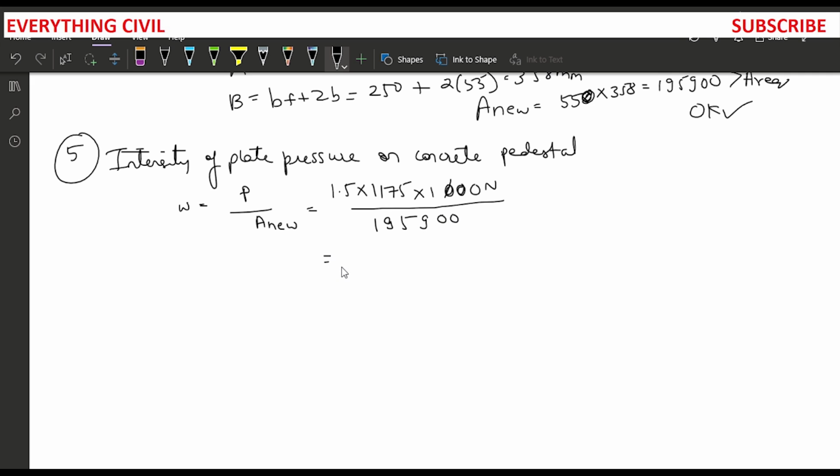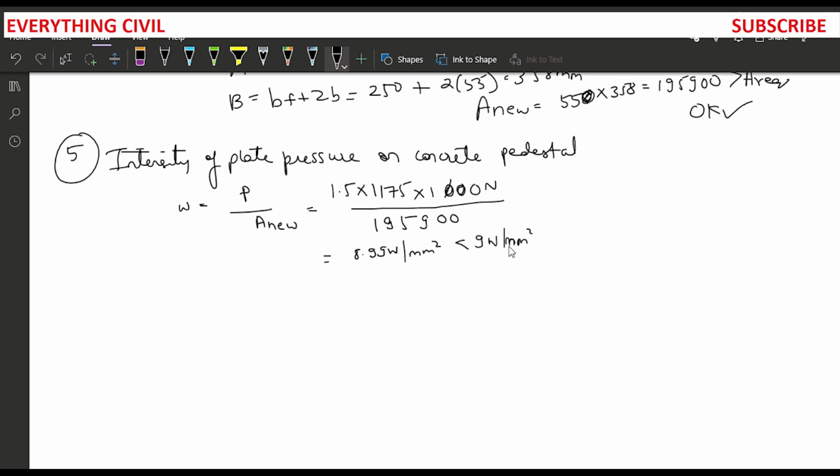So the intensity of pressure will be 8.99 Newton per millimeter square. So it has slightly reduced, and it is less than 9 Newton per millimeter square. So our design is safe till here.